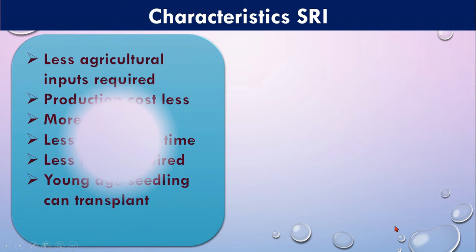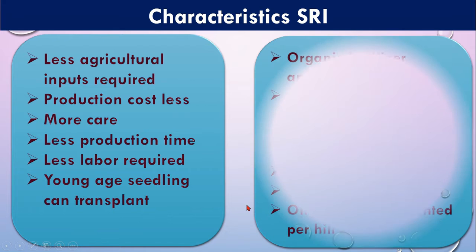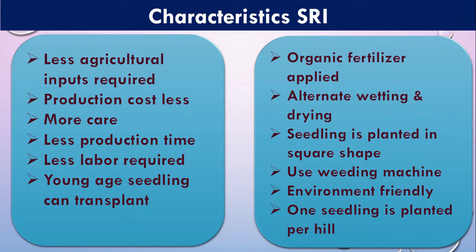So what are the characteristics of the SRI method? In this method, less agricultural input is required, so the production cost will be less as well. More care is given here. Less production time and less labor are required. Young seedlings can be transplanted in this method. Then organic fertilizer is applied. Alternate wetting and drying irrigation is applied in this method.